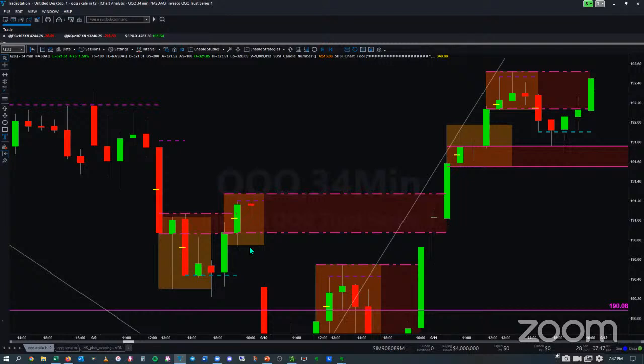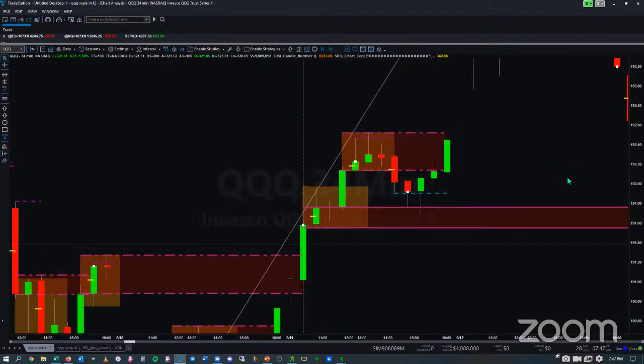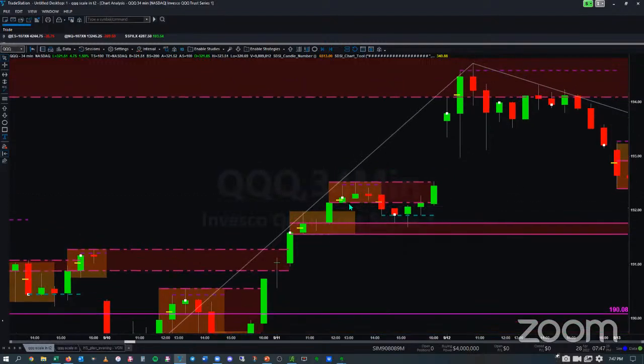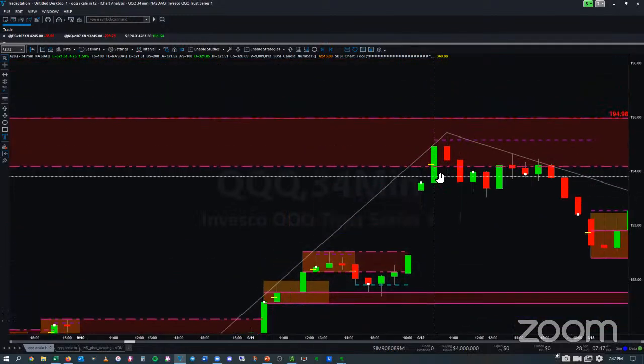Interestingly enough, it created another band. And again, that band also got stopped out if you were using the distal of the smaller band. And then here, we had another supply band that got created. And again, would have stopped out. But the original confluence band, when it hit it, price moved away nicely.